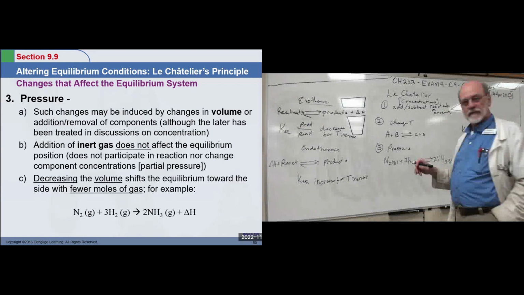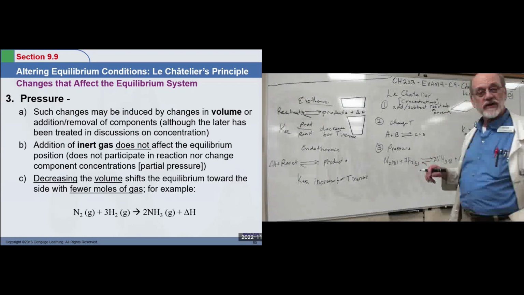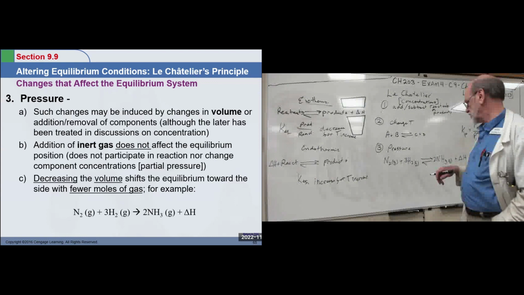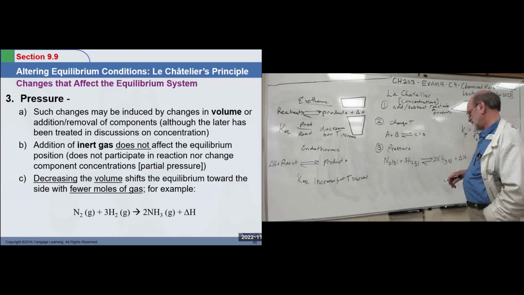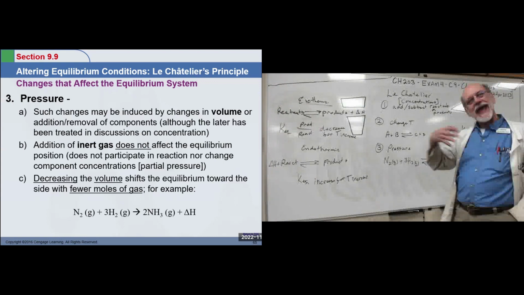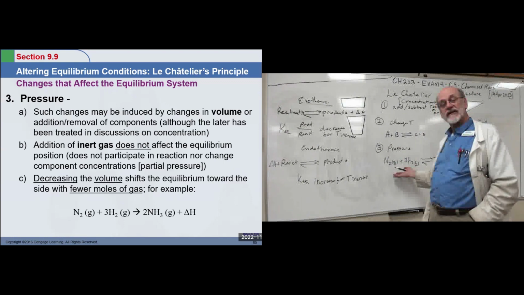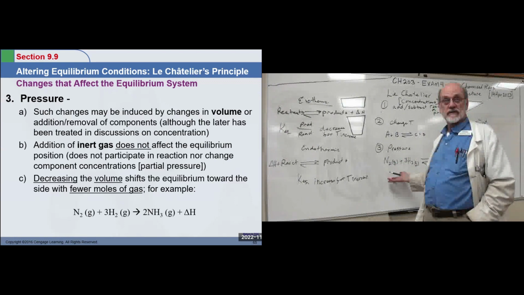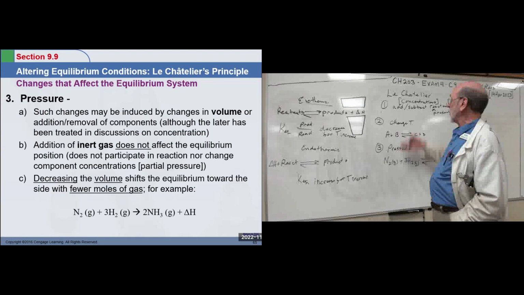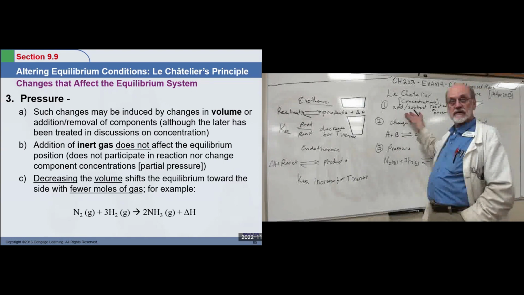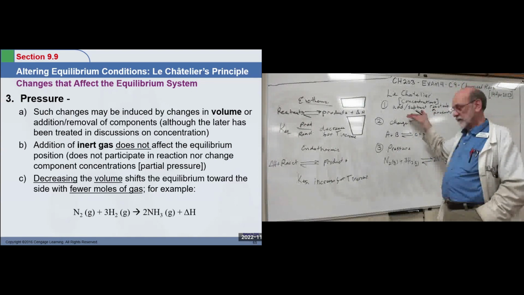But what if we change the pressure? How would you change the pressure? Well, if we add more reactants, that would increase the pressure, but that would also fall under this category, so that'd be an easy fix, an understanding.